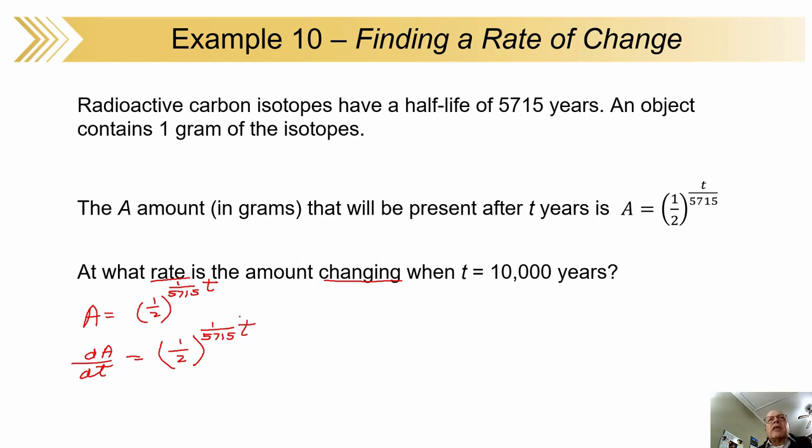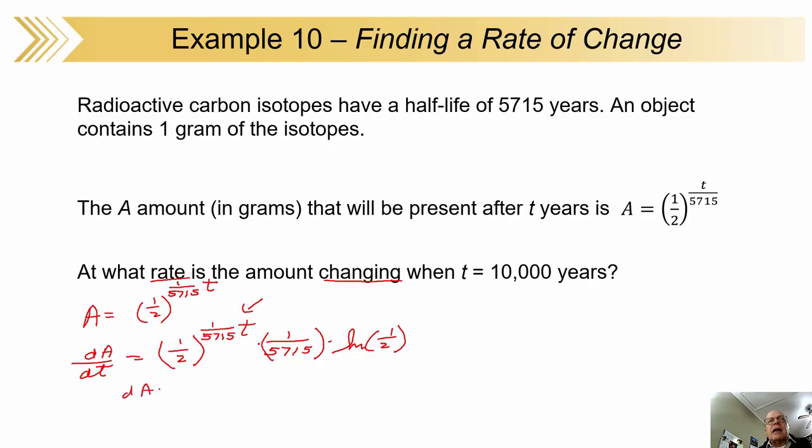We also have to take the derivative of the inside function, and the derivative of this part right here is 1/5715, but it's also times, because the base, the 1/2, isn't e, we have to take the natural logarithm of 1/2. And that's going to do it for us.